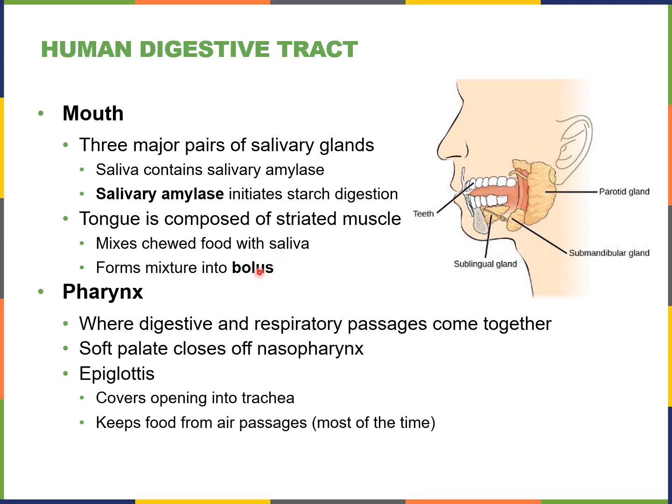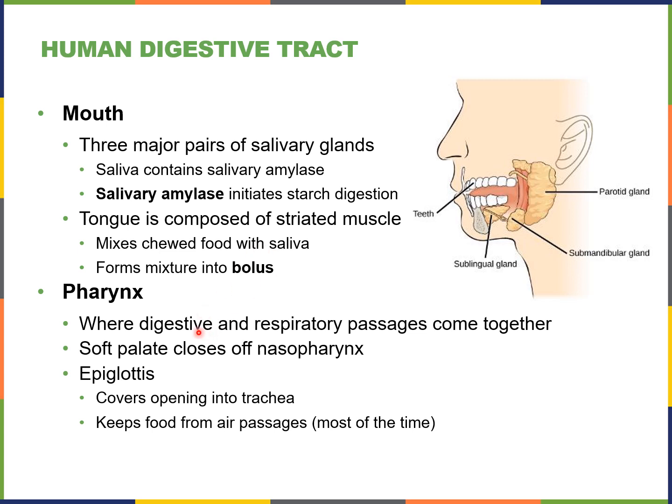And then that bolus is going to be swallowed, where it will enter the pharynx. And this is where digestive and respiratory passages kind of come together. So if you've ever heard someone start coughing a lot because they just swallowed food or drank something and they said, oh, it went down the wrong hole, probably didn't.